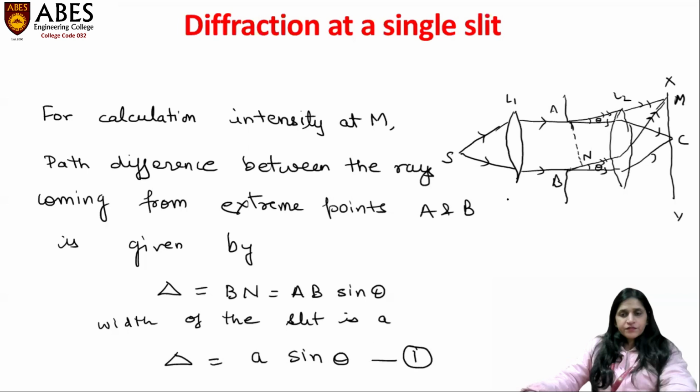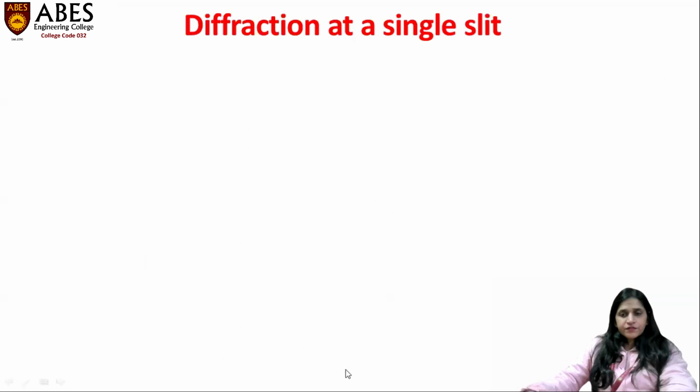For Fraunhofer diffraction at a single slit, we got the path difference between the rays, that is A sine theta. When we have the path difference, we can also get the phase difference correspondingly.